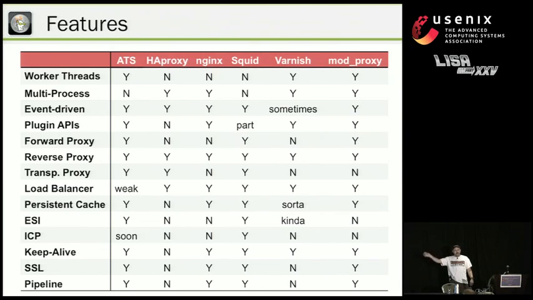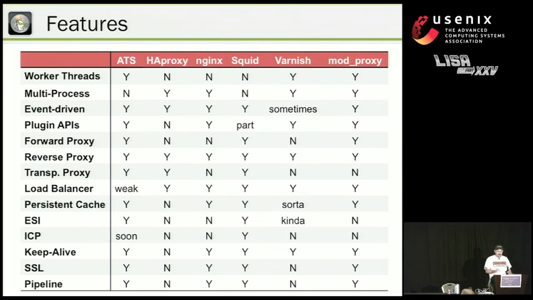This was an attempt to show you how I would look at my problem and say, what do I need out of this? Do I need reverse proxy? Do I need transparent proxy? Do I need all these things? Like, do I need ESI? Then make this matrix and figure out which of the proxy solutions is going to be the best for your particular problems. And this is important, right? If you don't know what you're trying to solve or what needs you have, you're going to pick the wrong proxy server most likely.